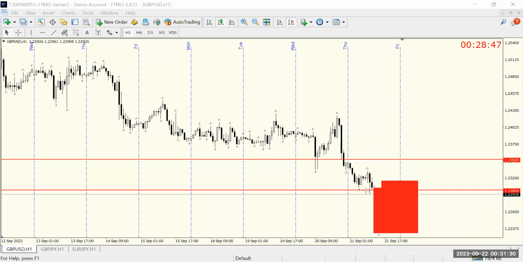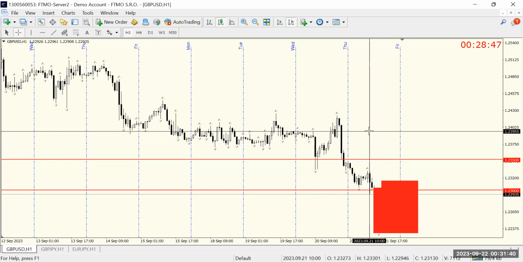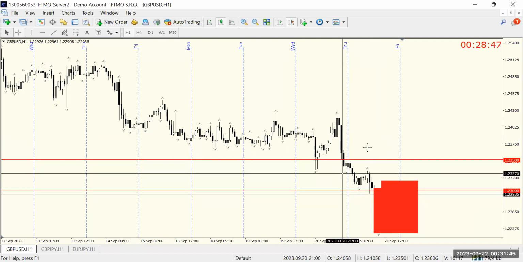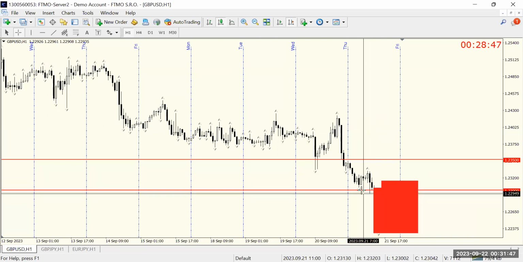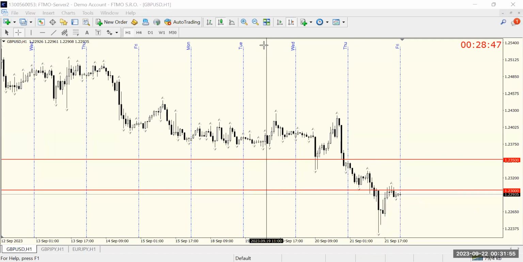So I wouldn't be able to see my swing any lower than 23.00. That means if I sold this pair here, first of all, it was not bouncing off level 50. It was only around level 25. But then my take profit will be here.